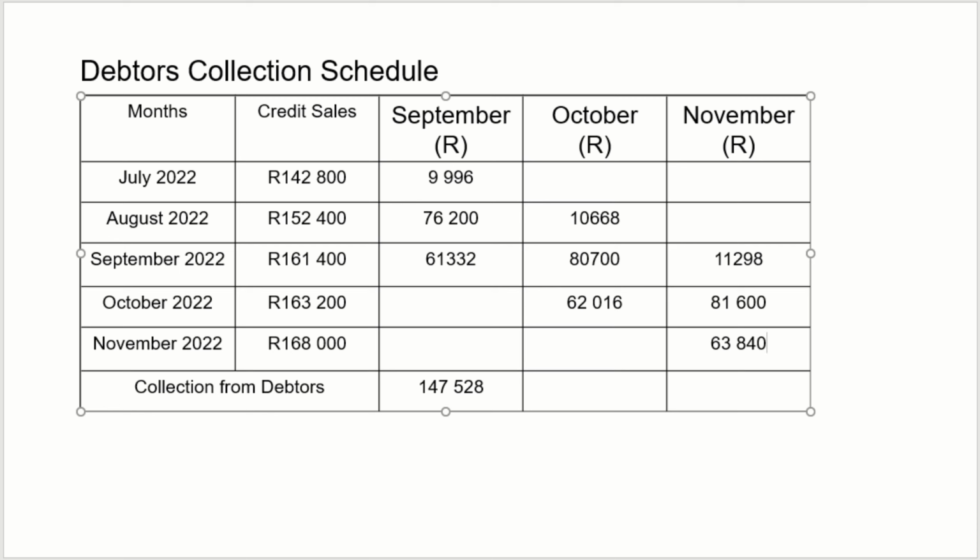but not just yet. So now the last thing you do is you total the columns. Yeah, you're going to total the collection columns for September, for October, and for November. And another person might say that, Prime, what about the empty boxes?